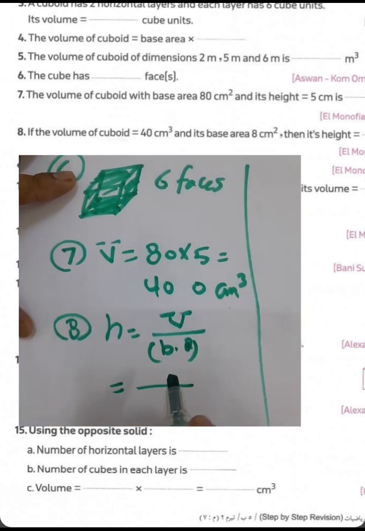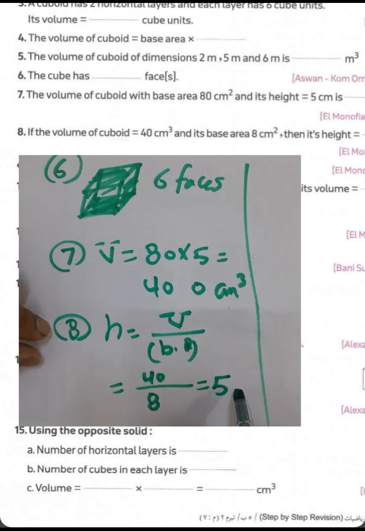Here is the quotient between them: 40 is the volume, and the base area is 8. 40 divided by 8 equals 5, and right behind it, centimeter. That was question 8.